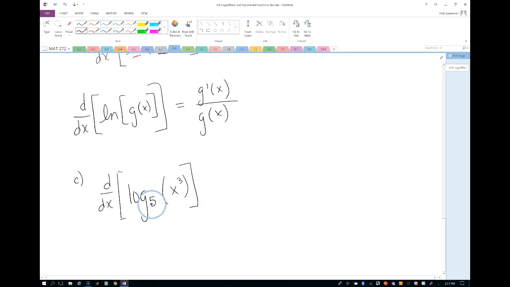So remember, with log base 5, the only thing different we saw when we worked it out with that change of base formula is that our denominator has an extra ln of 5 at the end. The rule for derivative of logs is whatever's inside the log goes in the denominator, and then chain rule says multiply that by its derivative, which would be the same as putting it in the top.